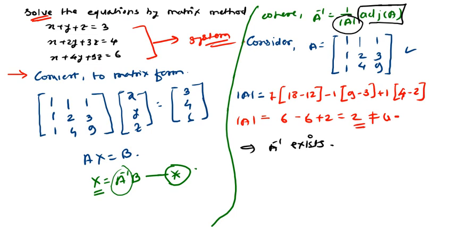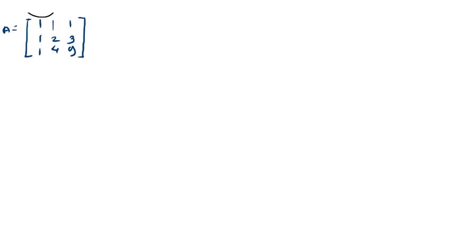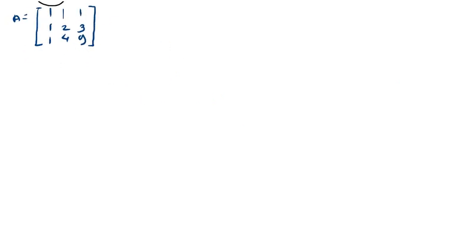Now we will find the adjoint of the matrix A, which is the transpose of the cofactor matrix of A.